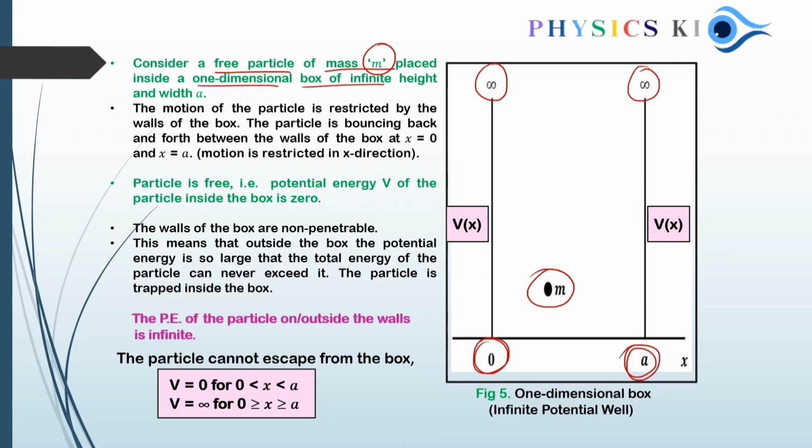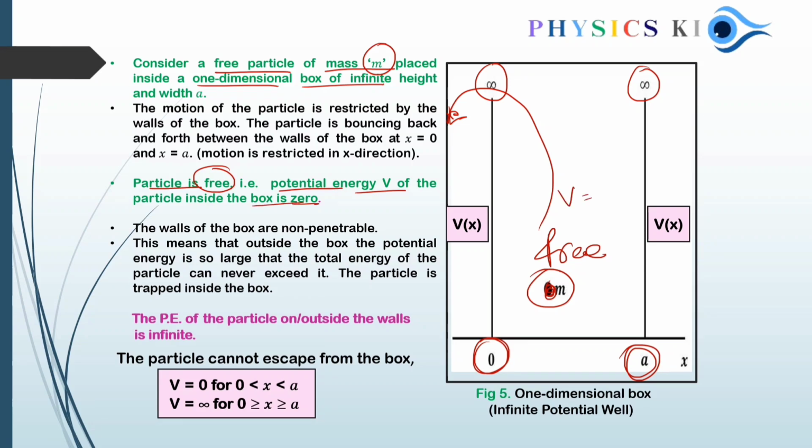Now you already know that inside this box the particle is free, but the particle does not have sufficient energy to cross this barrier and go outside. So this is our ideology for this particular thing. The particle is free, and the potential energy V of the particle inside the box is 0.